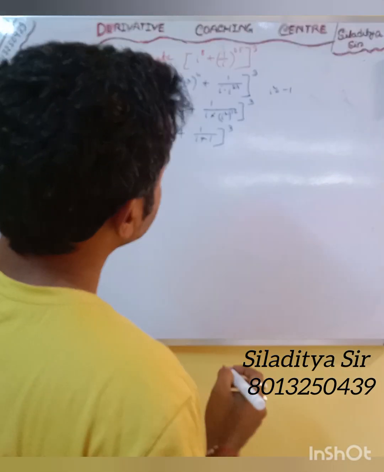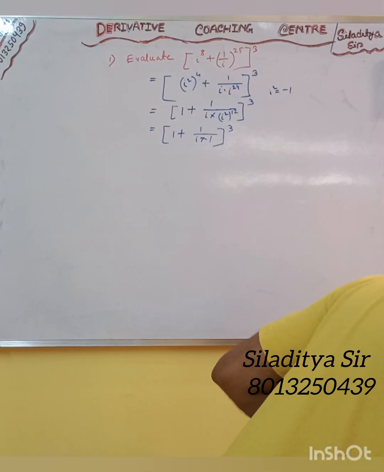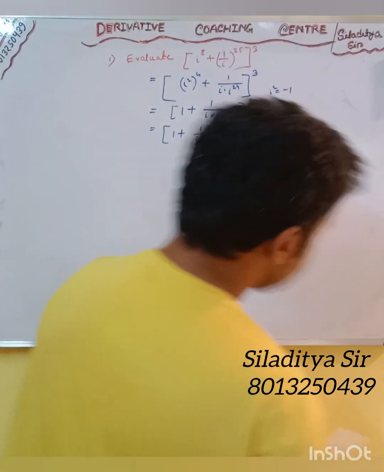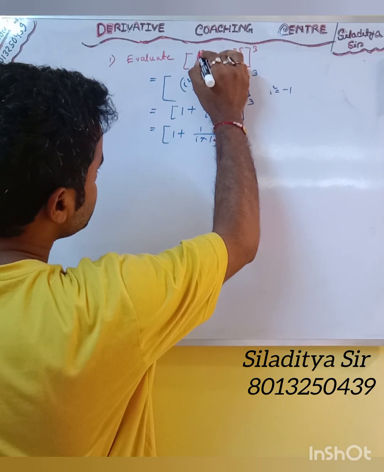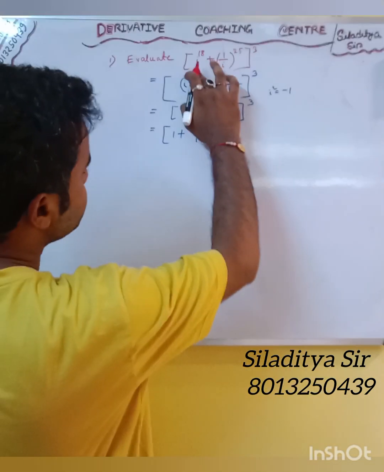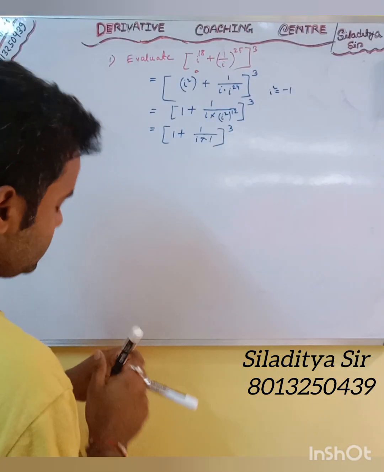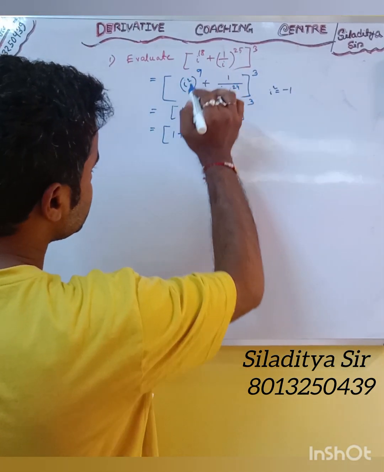Okay, just one thing, the power is not 8, that is 18. So if the power is 18, here it is i square to the power 9.